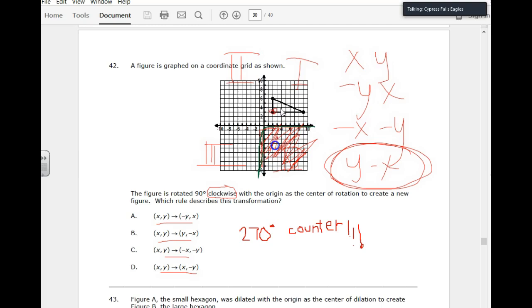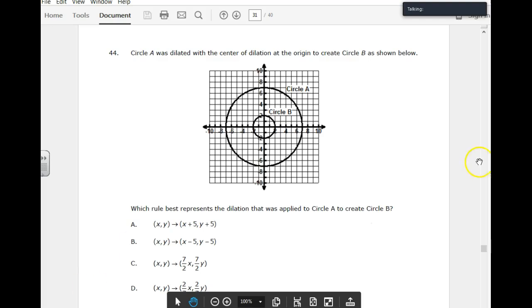So you could pick a point, do A to it, do B, do C, do D, and the only right answer should be the one where it lies in that 4th quadrant. So anyways, the answer was B. That's the rule. I honestly doubt that they would make you memorize these rules on the STAAR, but you would need to be able to rotate something clockwise and find out where it lands.